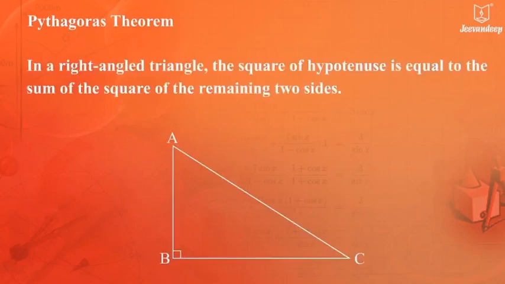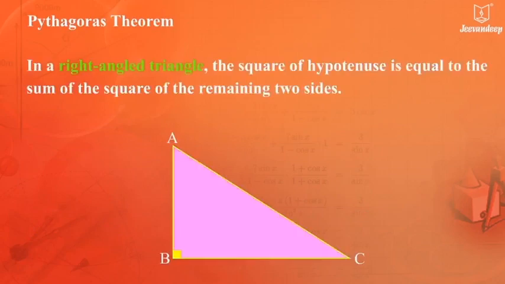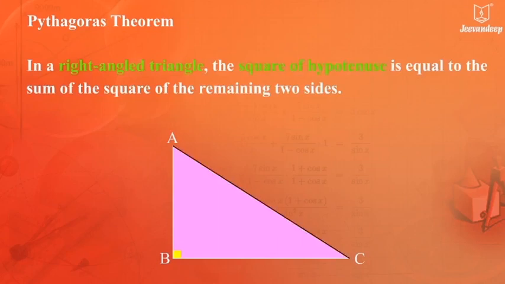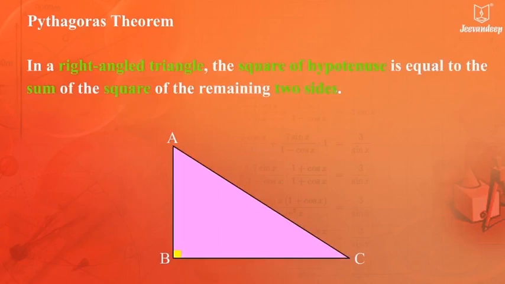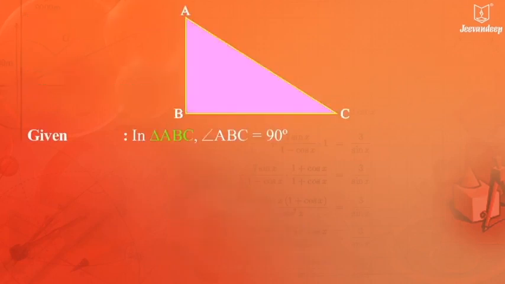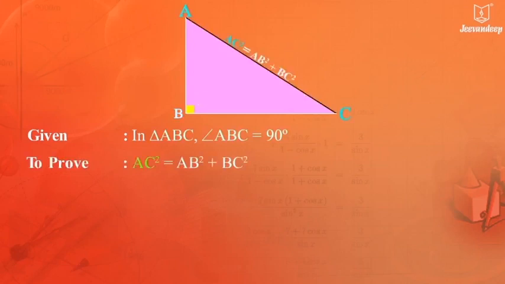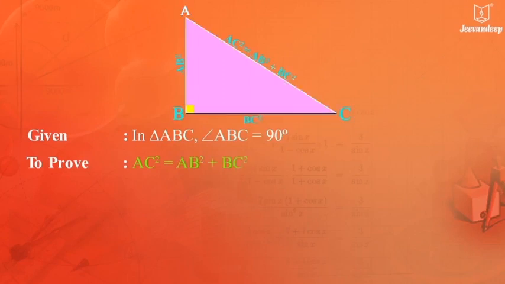Pythagoras Theorem. In a right-angled triangle, the square of hypotenuse is equal to the sum of the squares of the remaining two sides. Given in triangle ABC, angle ABC equals 90 degrees. To prove AC square equals AB square plus BC square.